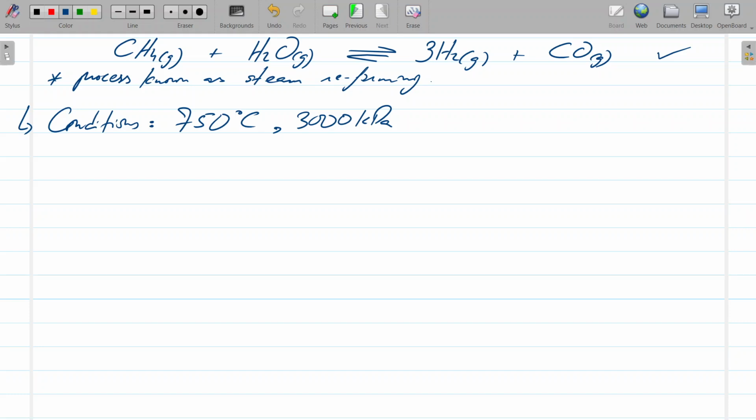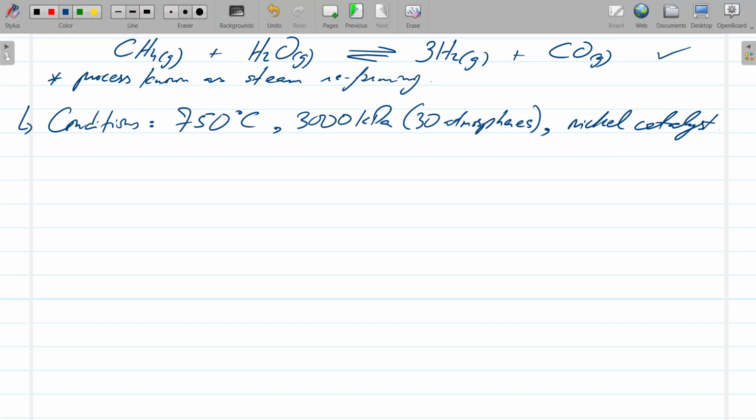Or in other words, it's 30 atmospheres, so 30 times the atmospheric pressure. And it also uses a nickel catalyst. So something for you to perhaps remember.